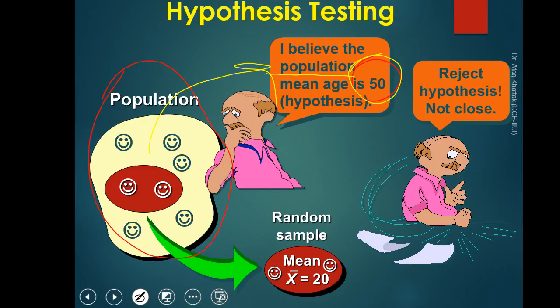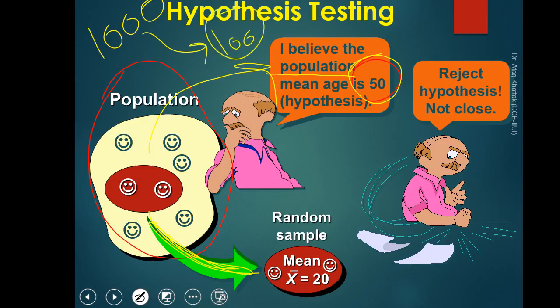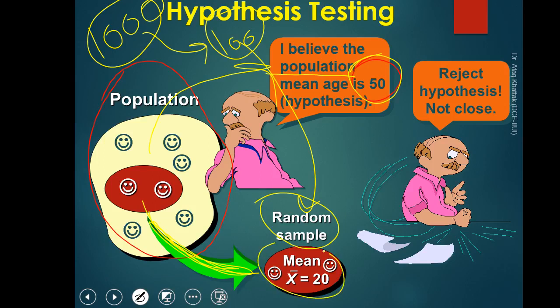Now, what I do, I take a random sample of this population. For example, if the population of a certain area is 1000, I take a sample of 100 people, let's say. Then I observe that the mean age of the people in that random sample is equal to 20.